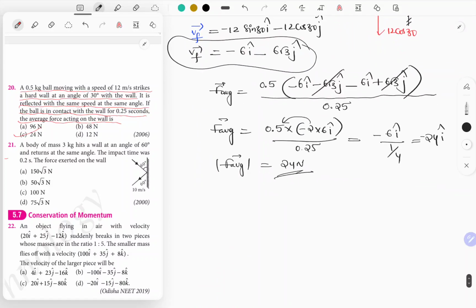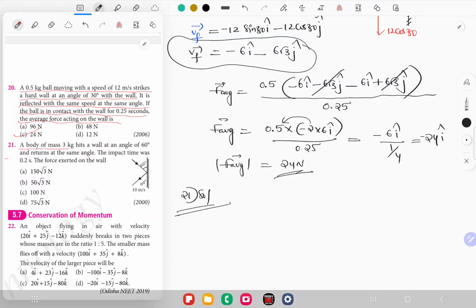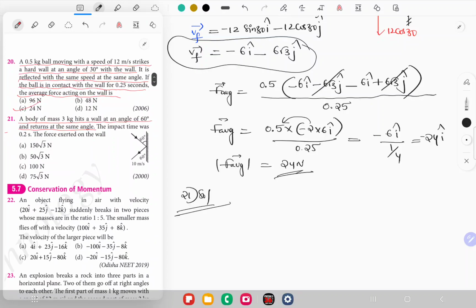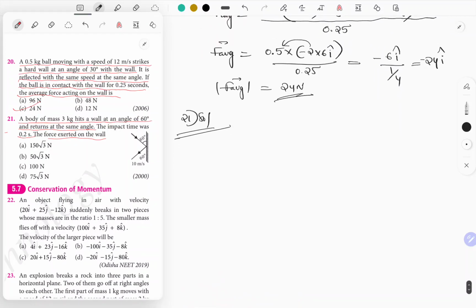Next, question number 21, solution. A body of mass 3 kg hits a wall at an angle of 60 degrees and returns at the same angle. The impact time was 0.2 seconds. The force exerted on the wall? Okay, same question, same model. So this is the diagram they have given.